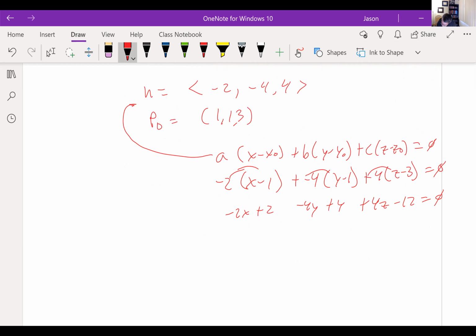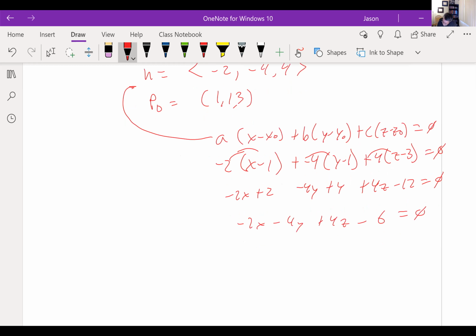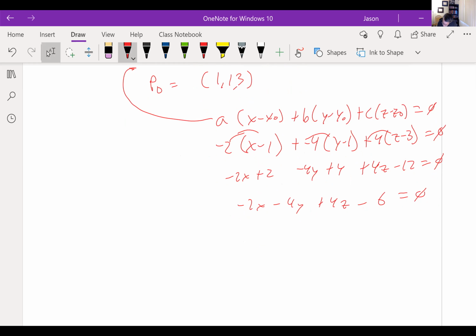Okay, and so I'm going to say that this is negative 2x minus 4y plus 4z minus 6 equals 0. I could divide everything through by negative 2.